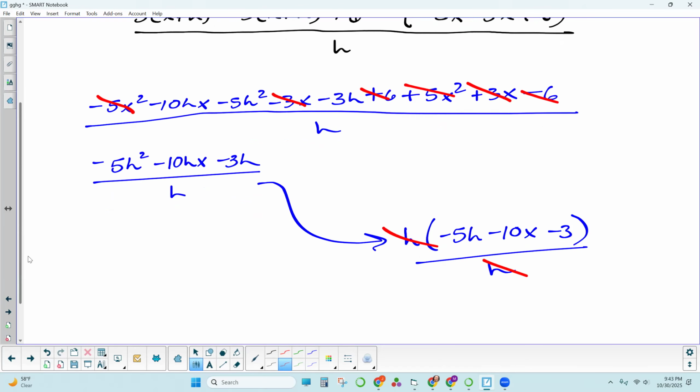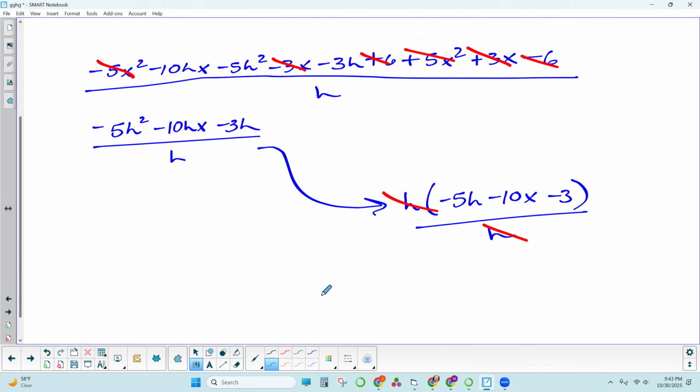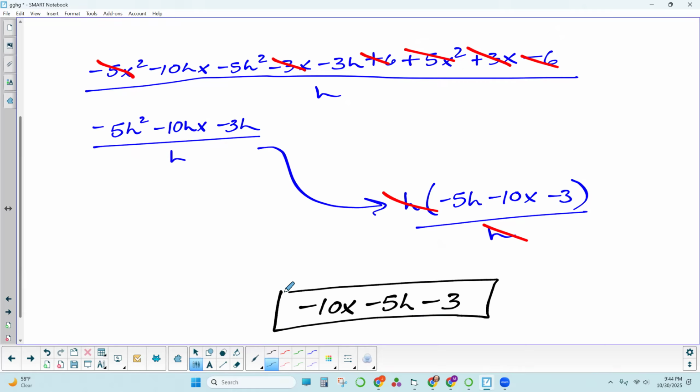What I'm left with is my difference quotient. Actually, the formality would be to put the x term first, followed by the h term, followed by the constant. What we've got here is a slope formula for any distance h, and that is our difference quotient.